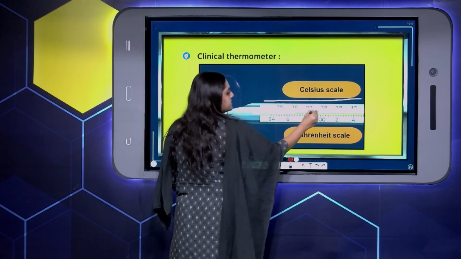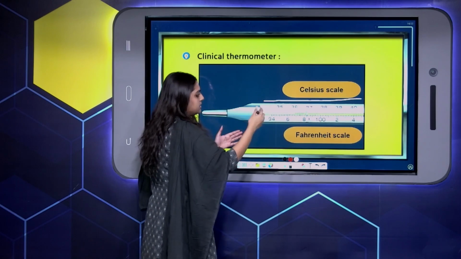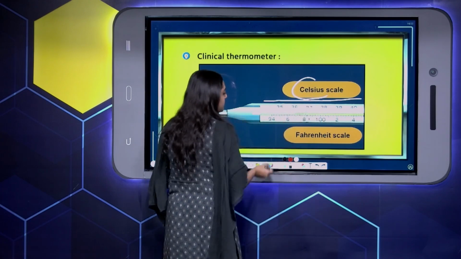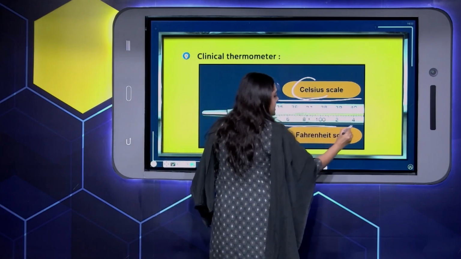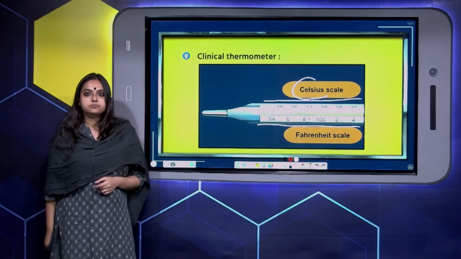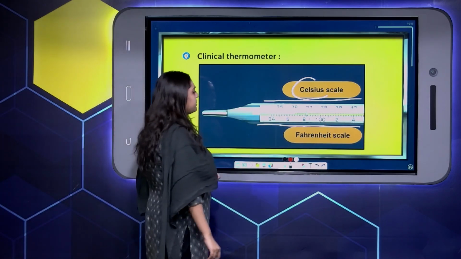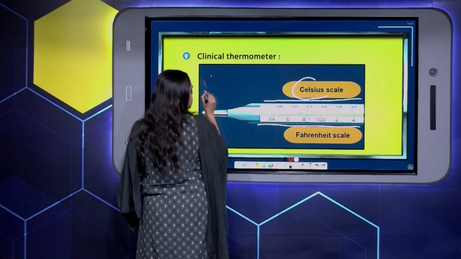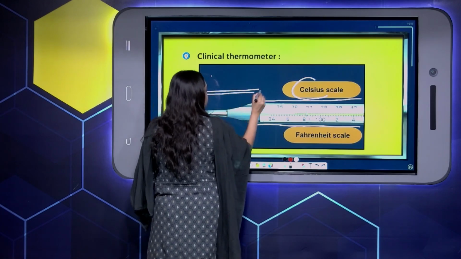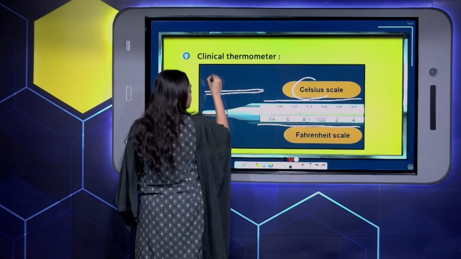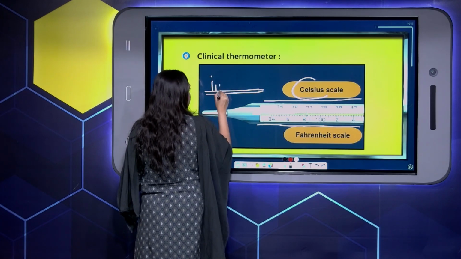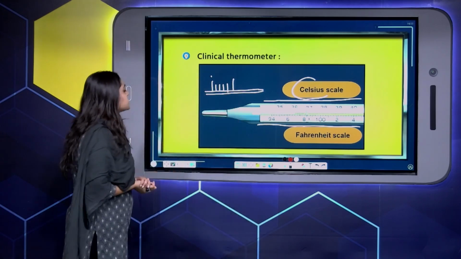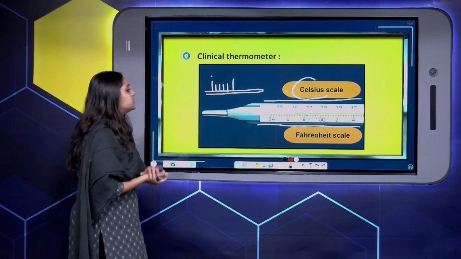The calibration is in Celsius scale, and the lower portion is in Fahrenheit scale, right? Now, I don't know if you can see this or not, but I'll just try to draw this. Suppose this is the capillary tube and you have mercury here, and suppose this is your drawing, right? This is how you measure the temperature.